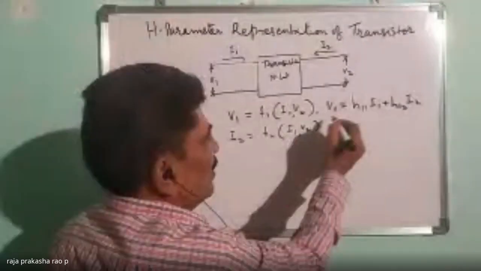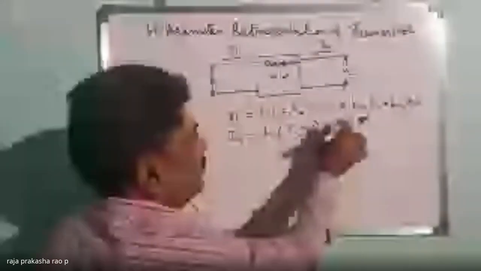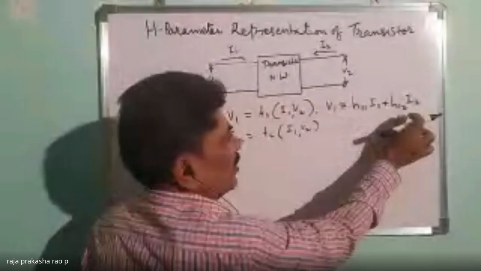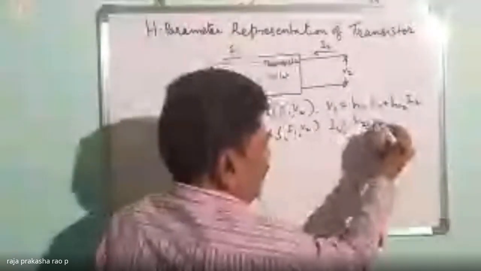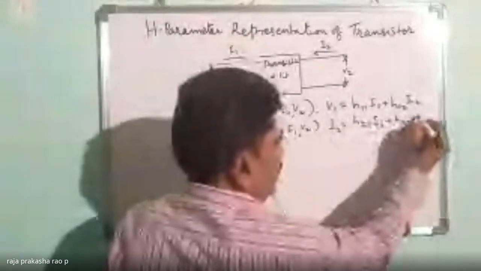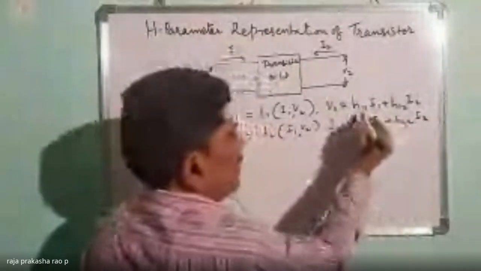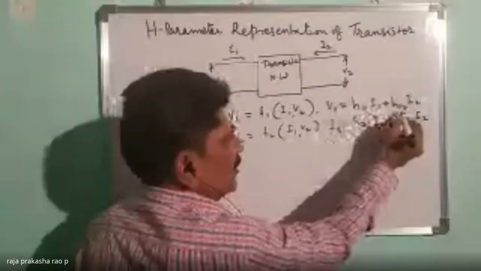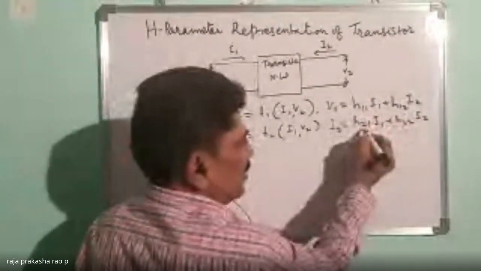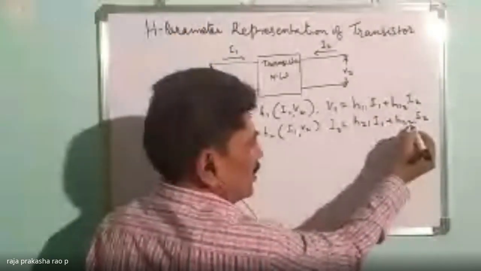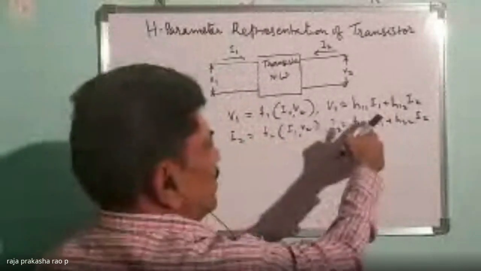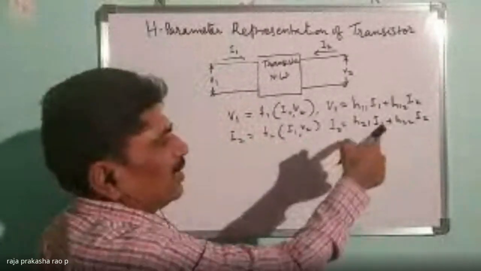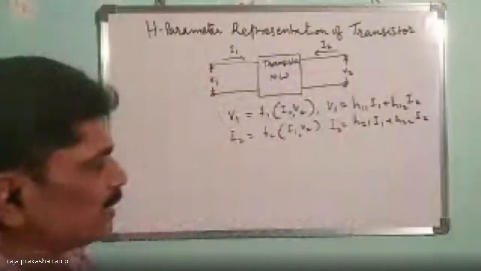In equation form, we can write this relation: V1 is equal to H11 I1 plus H12 V2, and output current I2 is equal to H21 I1 plus H22 V2. H11 is first row first column, H12 first row second column, H21 second row first column, H22 second row second column. These H11, H12, H21, H22 are the H parameters.